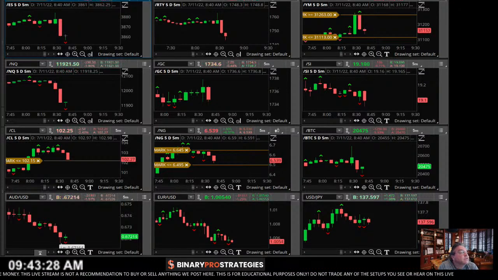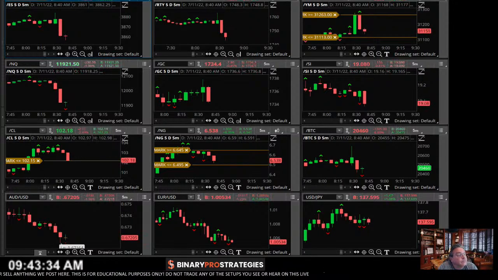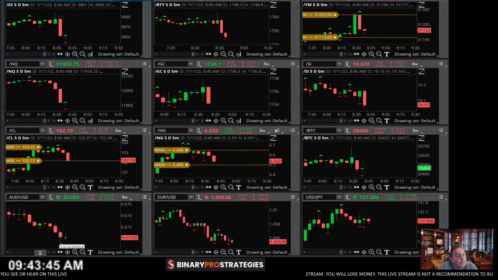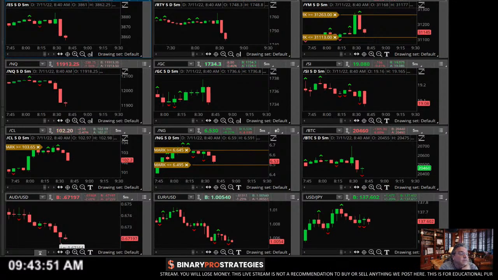If it needs to reverse, it's going to reverse at 103.65. Profit target hit. Wow, already hit target on crude.